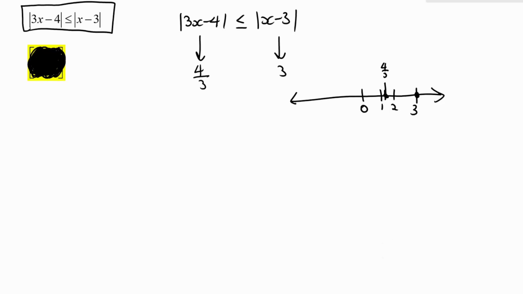So let's set x as less than 4 over 3. That's the first interval. And the second interval is x is greater than 4 over 3, but less than 3, or greater than or equal to. And the third interval is x is greater than 3.